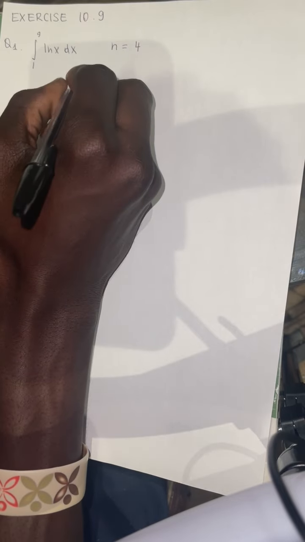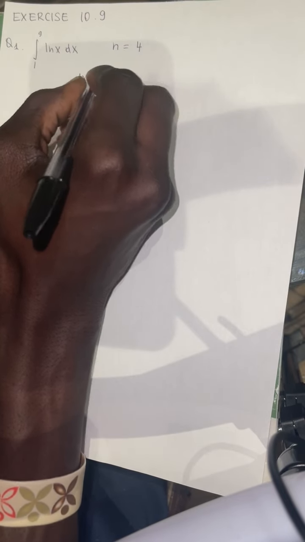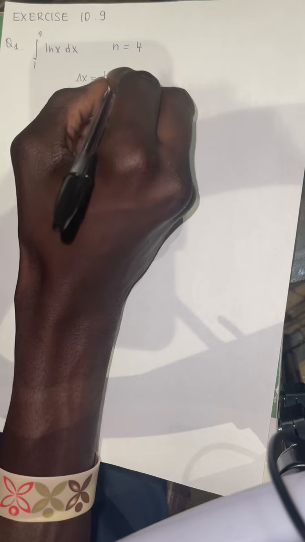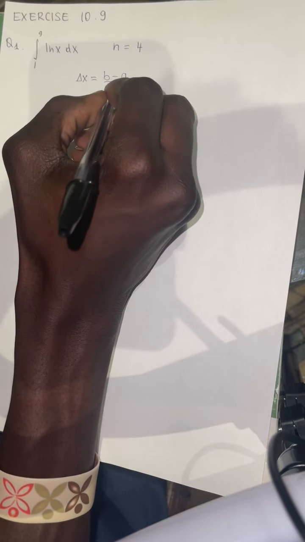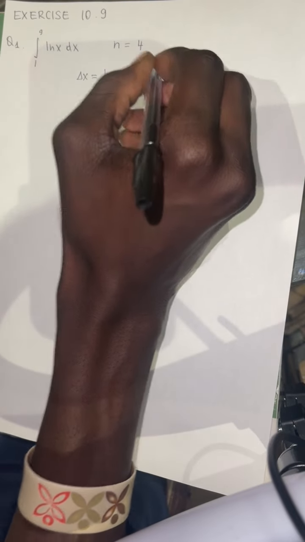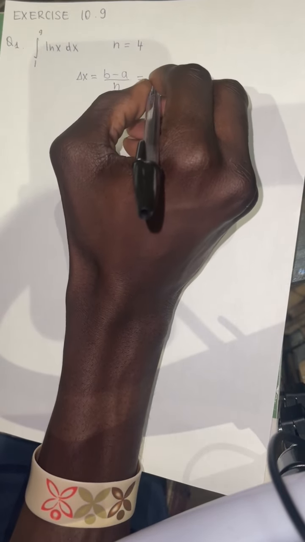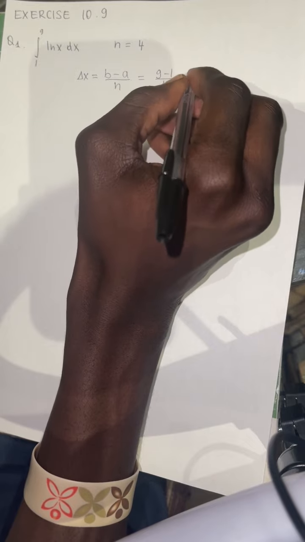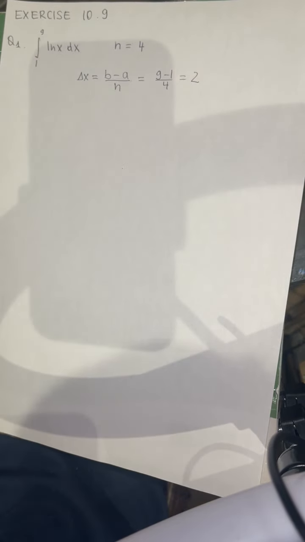From there, we have to find the thickness, which is delta x. The formula is b minus a, divided by n. So we have 9 minus 1 over 4, which is 2. So now we found the value of delta x, which is 2.